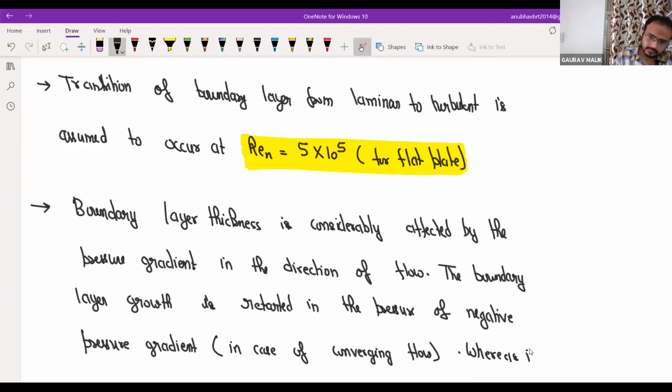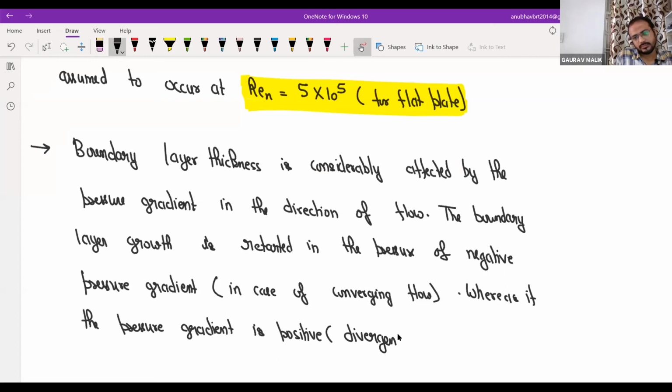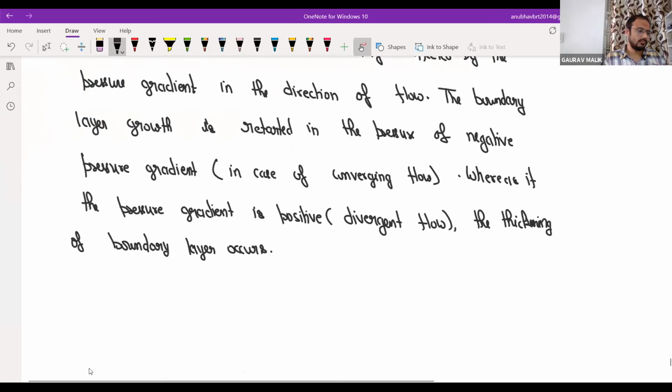Whereas if the pressure gradient is positive, for divergent flow, the thickening of the boundary layer occurs. Now we will start with separation.